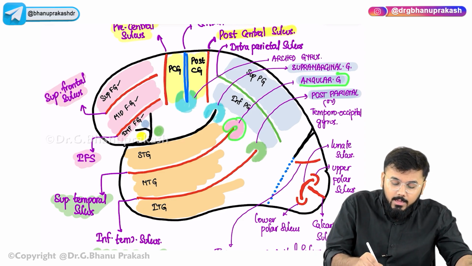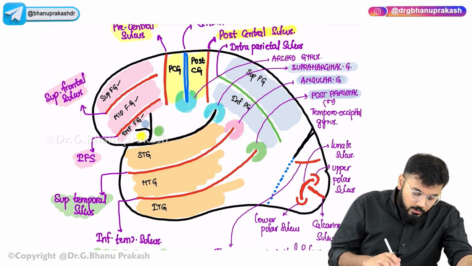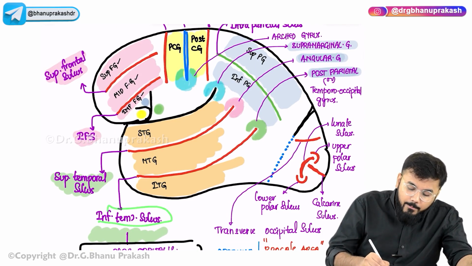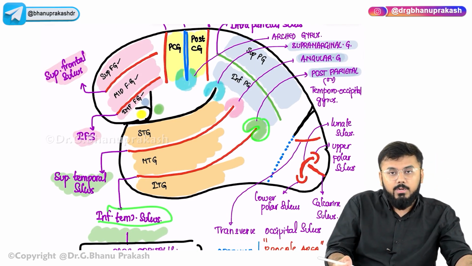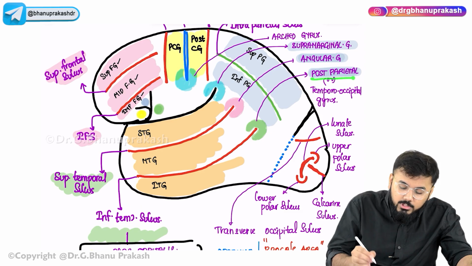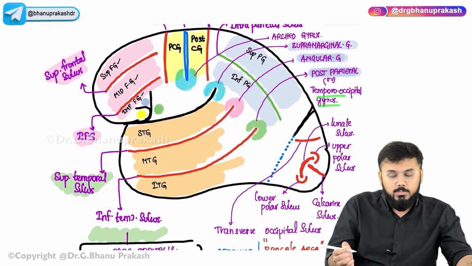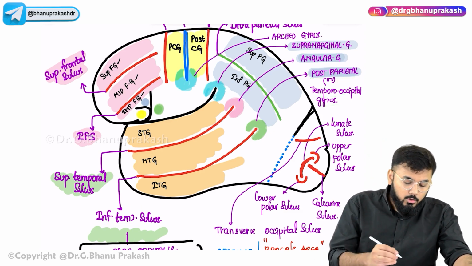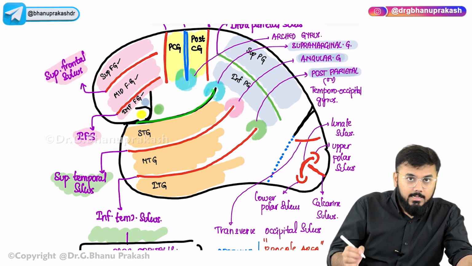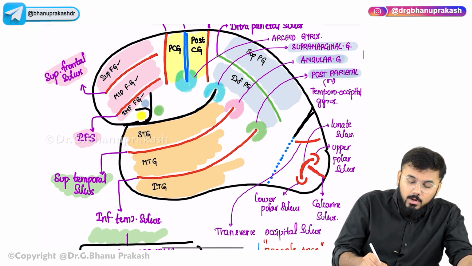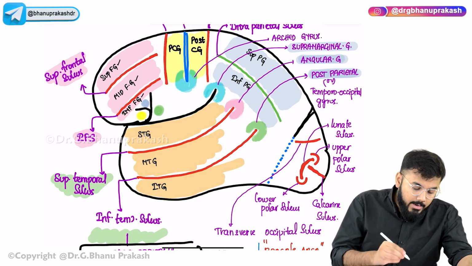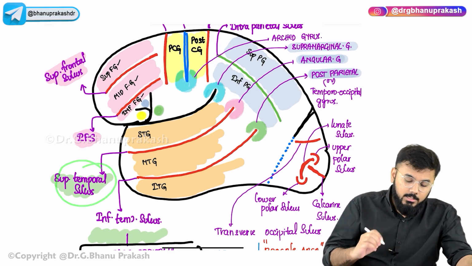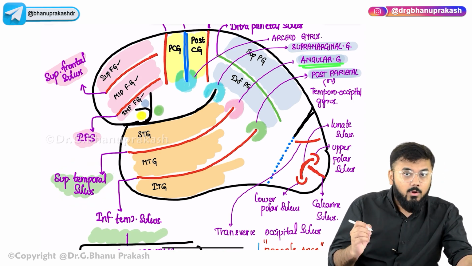This is called the angular gyrus. Next, if you look at the inferior temporal gyrus, on the back you have another gyrus over here. This is called the posterior parietal or temporo-occipital gyrus. So, behind the lateral sulcus, you have a gyrus called the supramarginal gyrus. Behind the superior temporal sulcus, you have a gyrus called the angular gyrus.